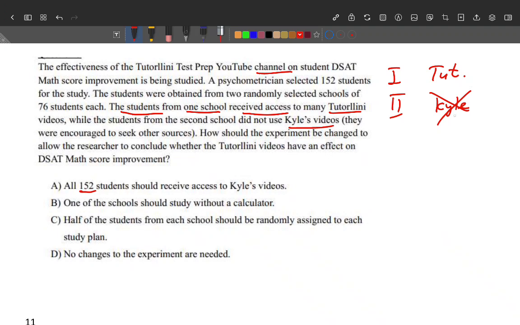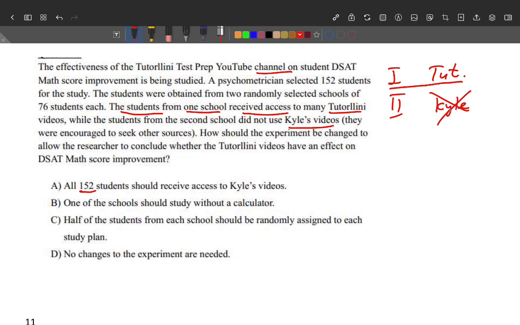Because now we can conclude from the experiment tutorial linear videos only have effect in the first one. We are checking it. Because of this it should be like this. And what about Kylie's videos? We don't know about this.